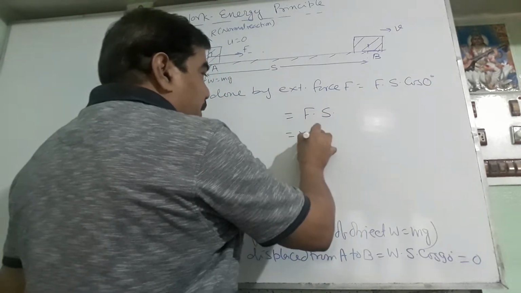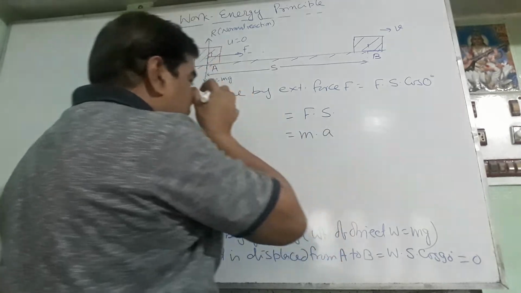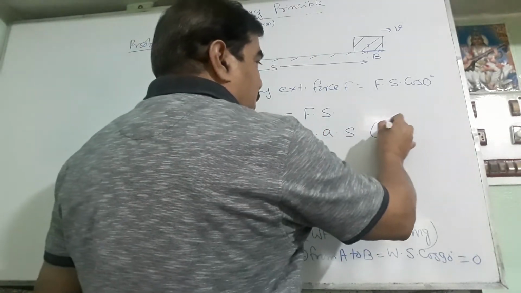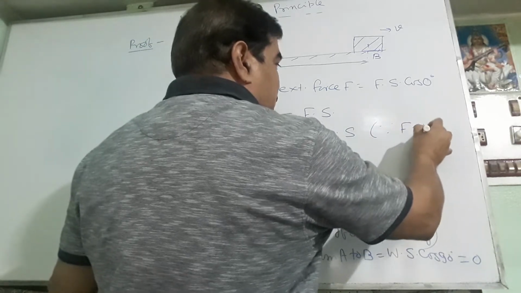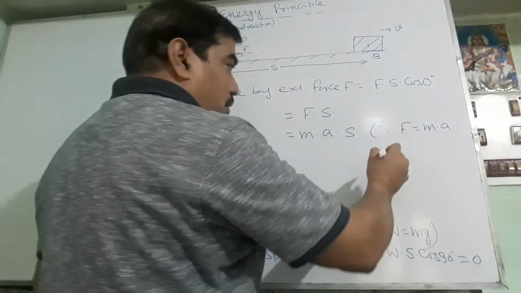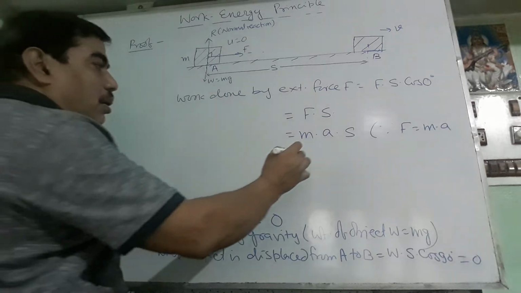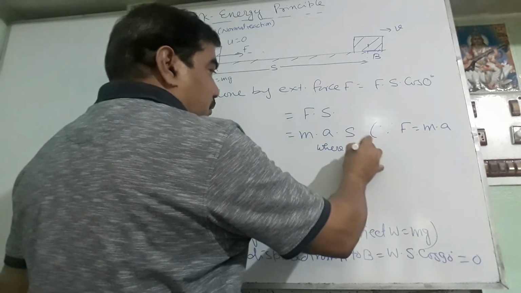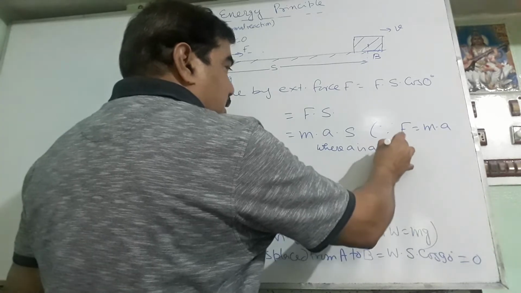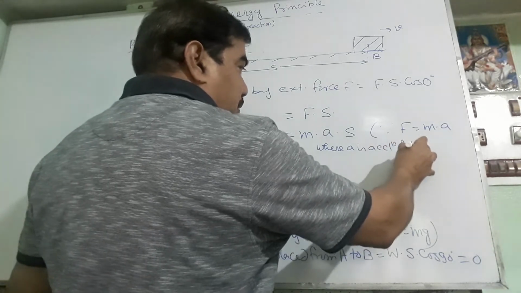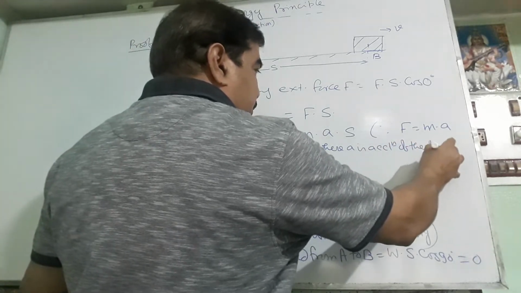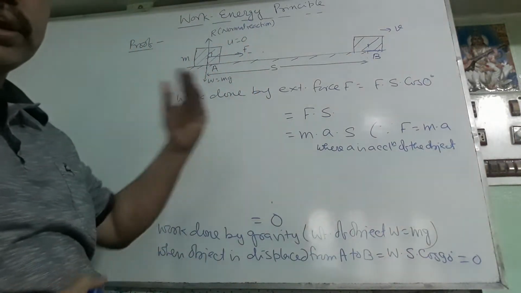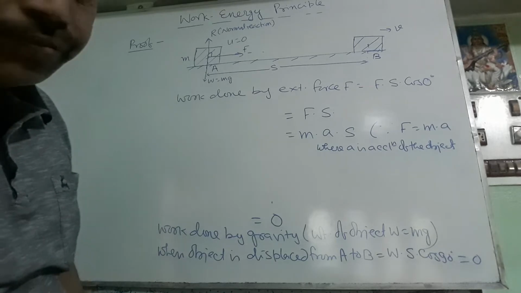Now in place of F we can write mass into acceleration. So this F is mass into acceleration, where a is the acceleration of the object. As the force is constant, the acceleration will also be constant.